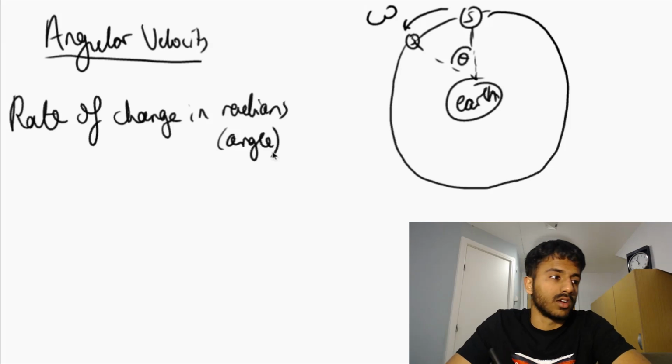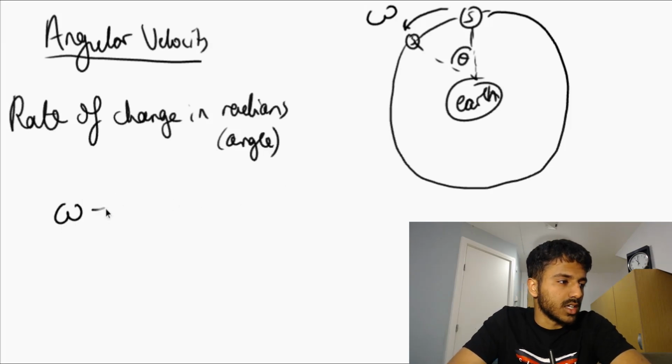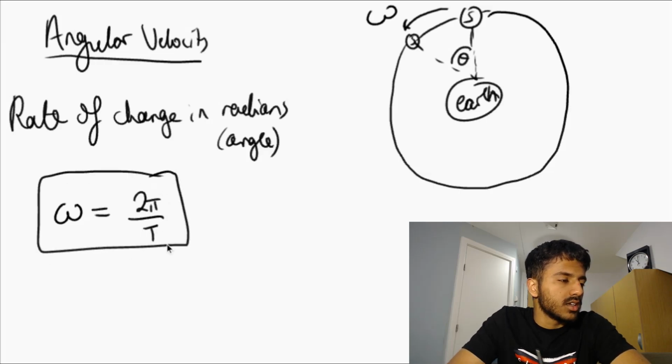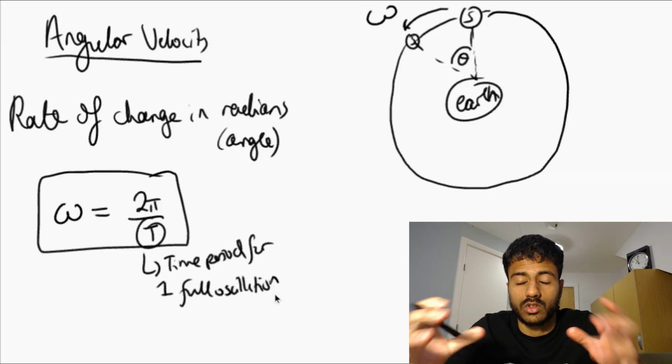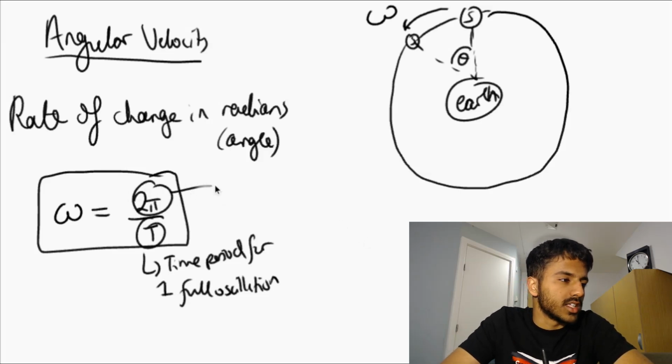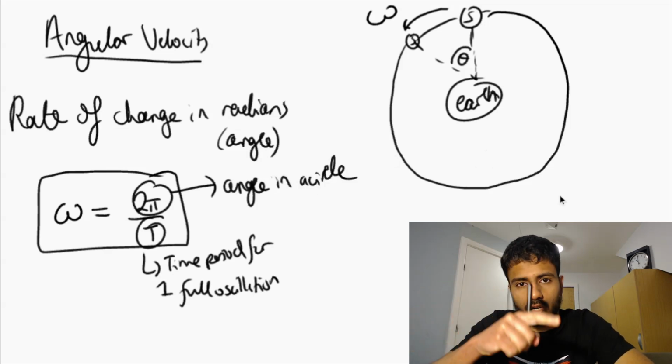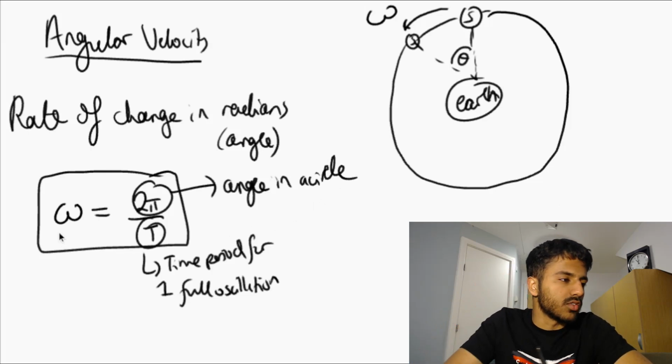And the formula for the angular velocity is omega equals 2 pi over T, where T is the time period for one full oscillation, or in this case, one full circle. The reason for this 2 pi is that it is the angle in a circle. When you go round a circle once, you travel 2 pi radians. So the unit for omega is radians per second.